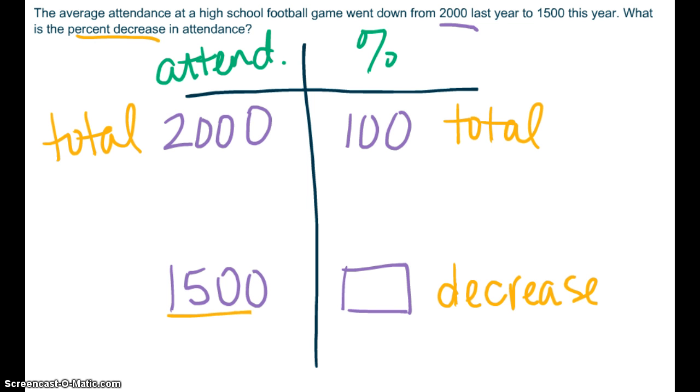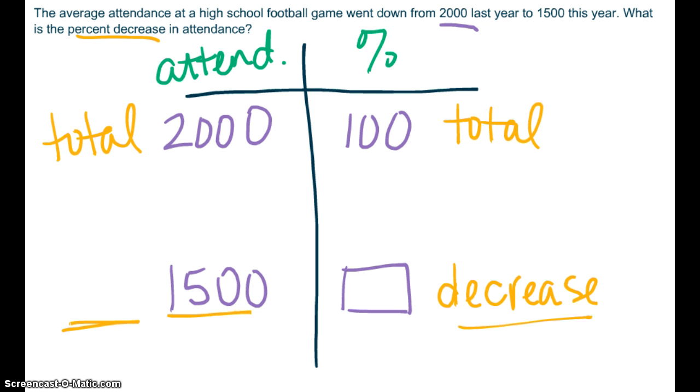Is 1,500 the decrease? No. 1,500 is my new total. So I don't want my ratio table set up like this. I want to write decrease to decrease. So you have to figure out, what is the question asking for you to do? It's asking you for the decrease.